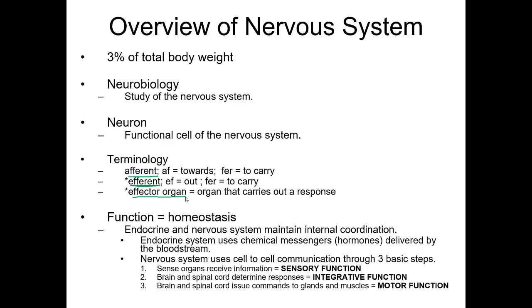The overall function of the nervous system is to regulate the body. It's the command center of the body. So in turn, what it's essentially doing is maintaining the overall homeostasis of the human body, internal coordination. And it does that using chemical messengers via the endocrine system.